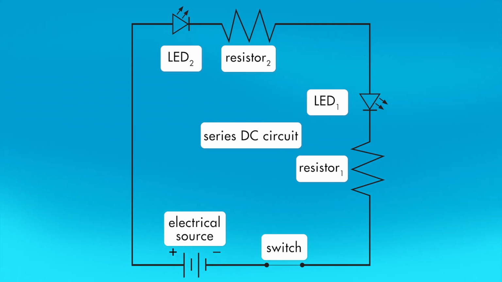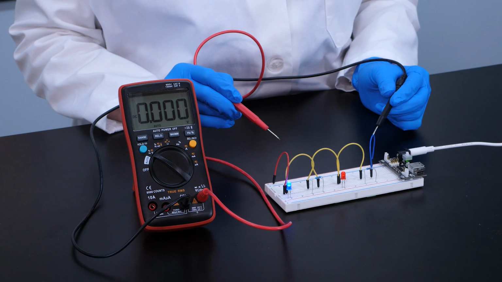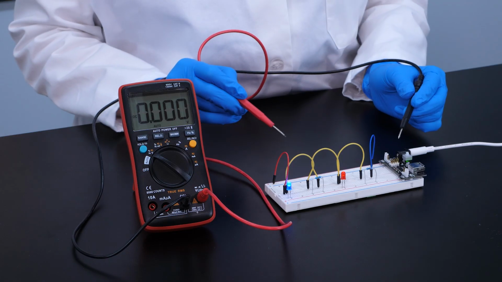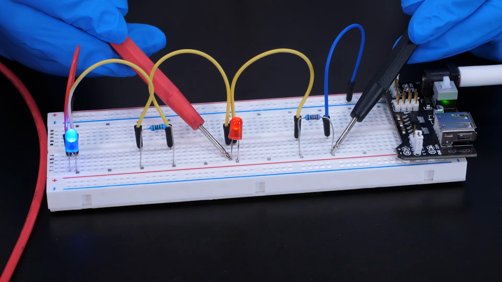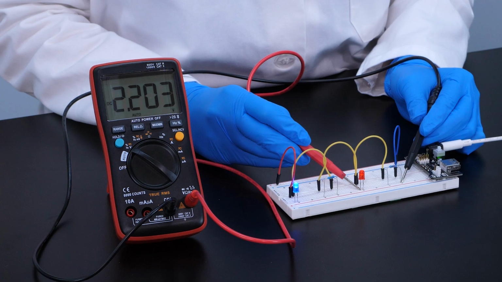In a series circuit, the voltage drop across one load will not be the same as the voltage drop across another load. Let's determine the voltage drop across the first load, which is LED 1, and its resistor. The voltage drop is 2.203 volts, which we round to 2.2 volts.